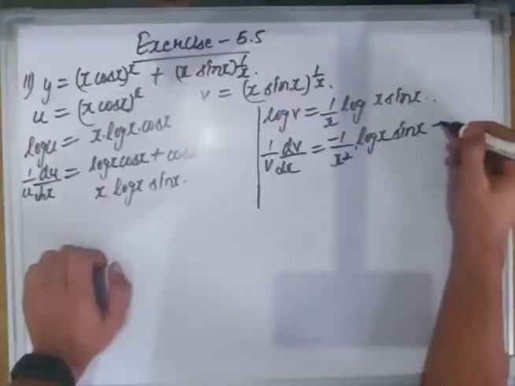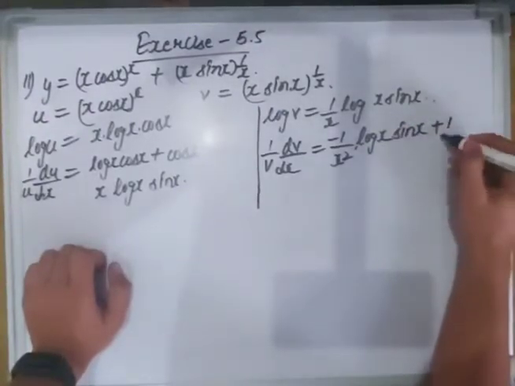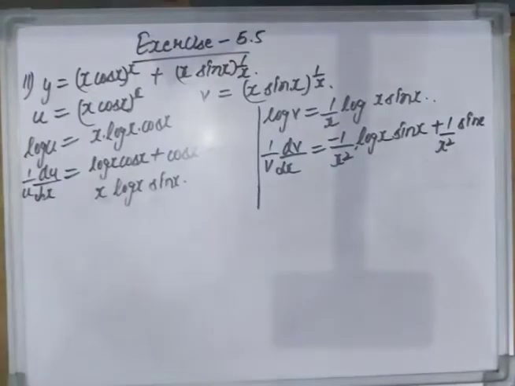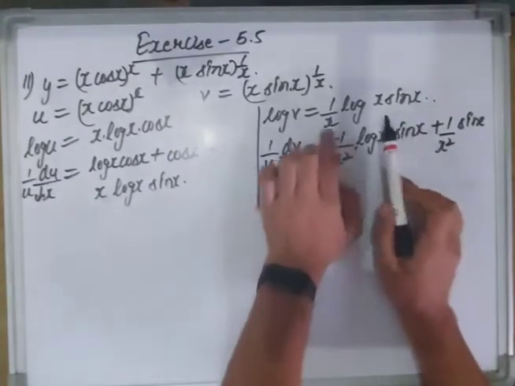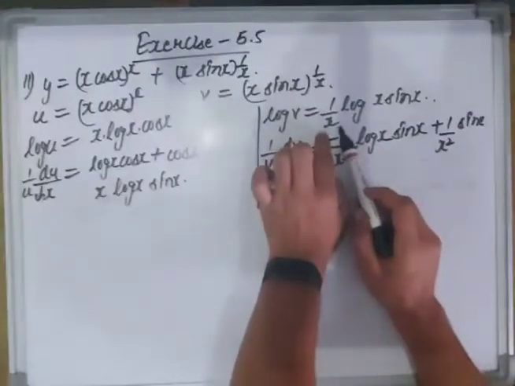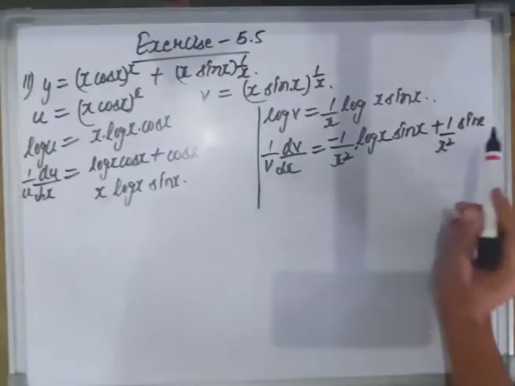Plus derivative of log x is 1 upon x square sin x. Don't misunderstand that log x derivative is x square. Log x derivative is 1 upon x, and 1 upon x was already present here, then that's why I multiplied x with x and I got here 1 upon x square.